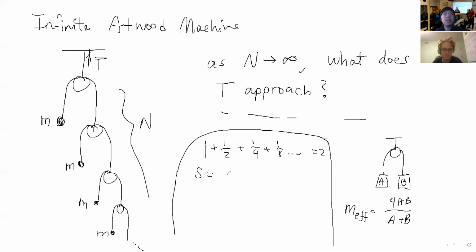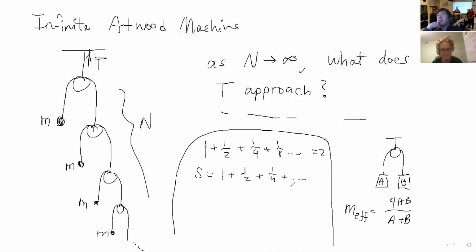Set it equal to S, right? So S is equal to 1 plus 1/2 plus 1/4 plus dot dot dot. This is assuming that it converges, but we know it does, so that's fine. You can actually prove that this converges using a convergence test that I forgot the name of. 1 over an integer to a power always converges.